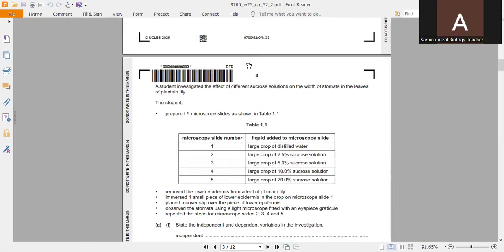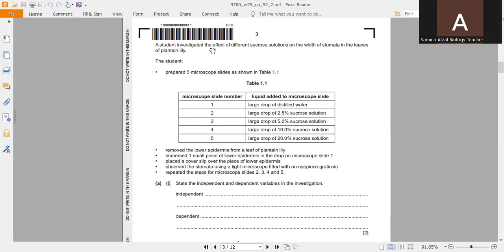Now a student investigated the effect of different sucrose solutions on the width of stomata in the leaves of the plantain lily. The student prepared 5 microscope slides as shown in table 1.1. You can see table 1.1 has been given over here with different concentrations of the solutions.